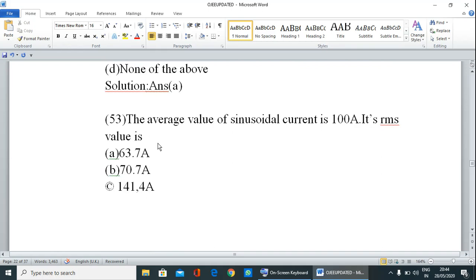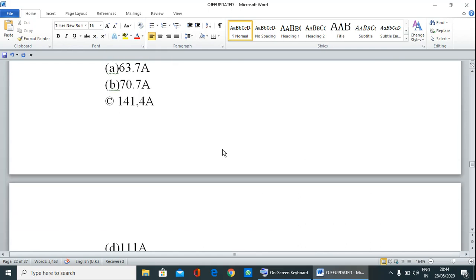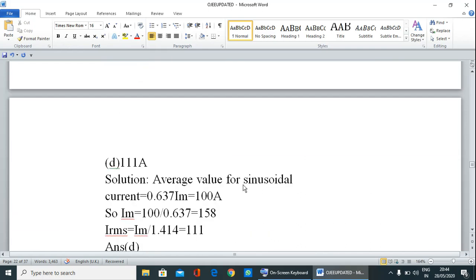Next question. The average value of sinusoidal current is 100 ampere, find its RMS value. Already we know that the average value of sinusoidal current is equal to 0.637 times the maximum value, and this is equal to 100 ampere.